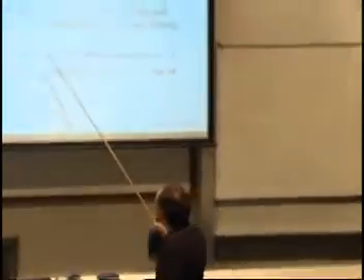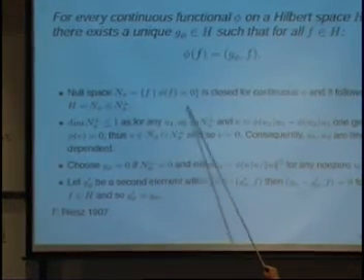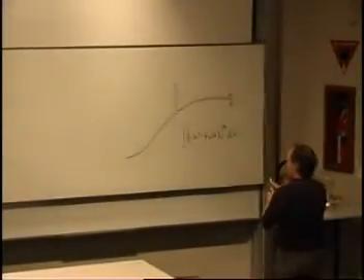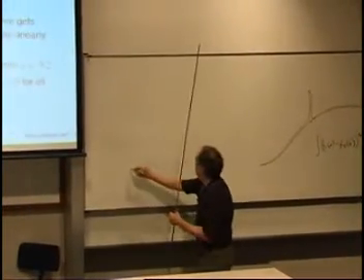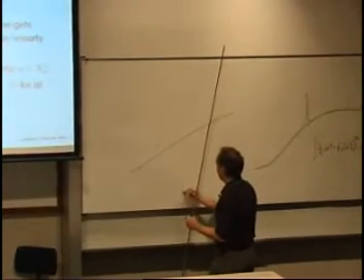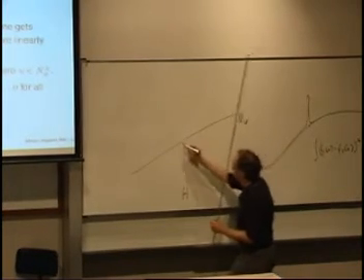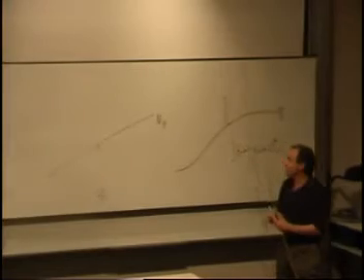So we first look at the space where our functional is 0, the null space, where all phi of x is 0. I'll draw that here. So this is our Hilbert space, and this is our N of phi. And here is our 0 element in our Hilbert space, our 0 function.